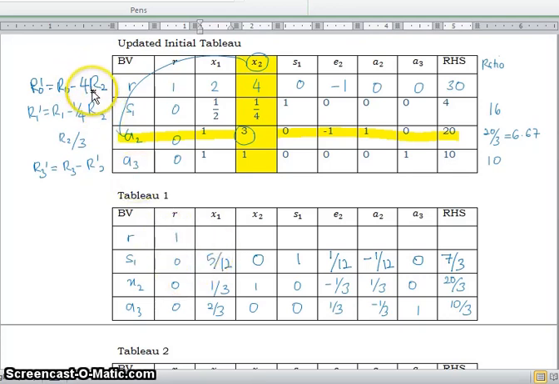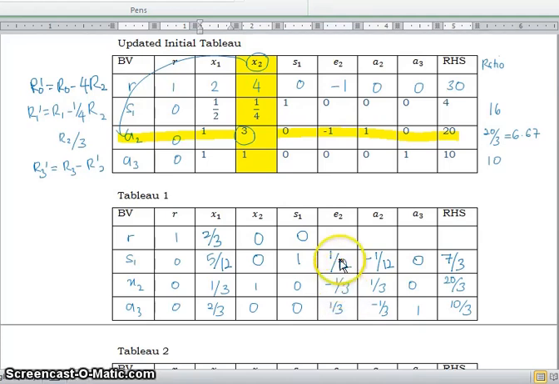Okay, from this row 0, the coefficient of x1 is 2 minus 4 times 1 over 3. We get 2 over 3. 4 minus 4 is 0. 0 minus 4 times 0 is 0. E2 is negative 1 minus 4 times negative 1 over 3.